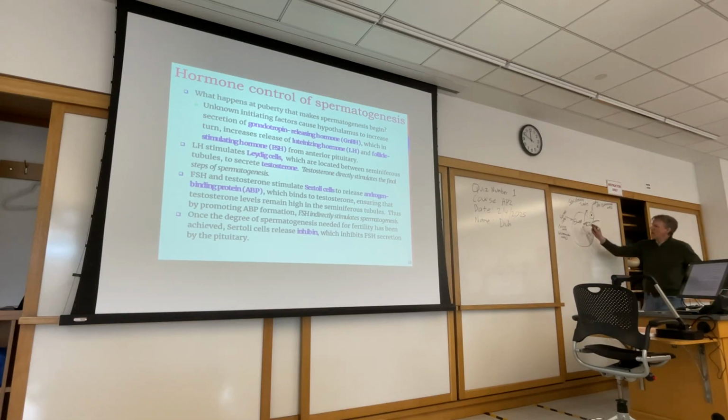So this ABP attaches to the testosterone, and once it does that, it locks the testosterone in and traps it so that it doesn't move right back out. By doing that, it allows testosterone levels to get high inside of that tubule to make the sperm happy so they can develop. Does that make sense?